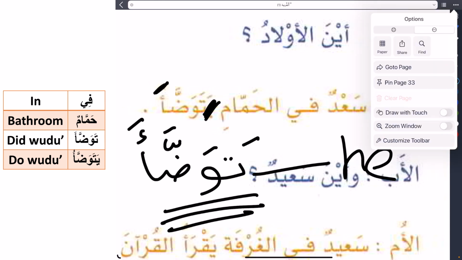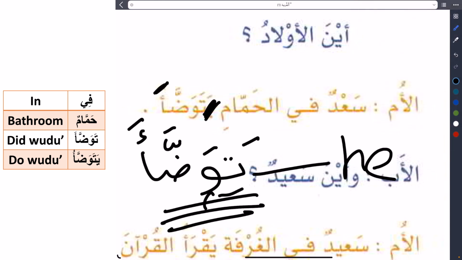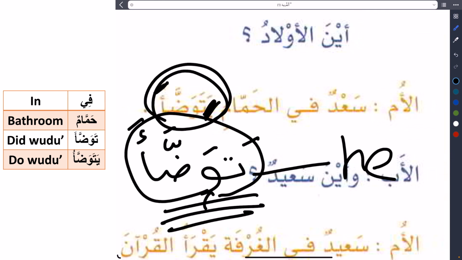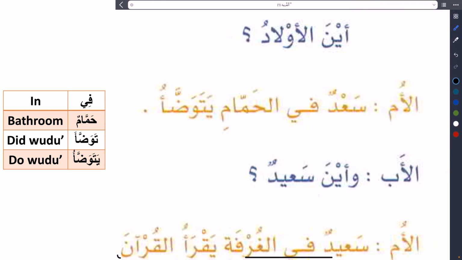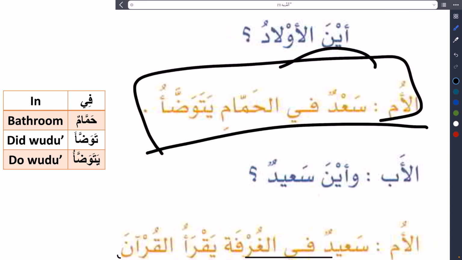So these two verbs, tawadda'a and yatawadda'u, he is doing wudu, he did wudu, we use them only with the pronoun he or with a masculine name like Sa'dun or Muhammadun or Khalidun. And that's everything about this line. Study all that very well, practice vocabulary, and understand very well the rule of the past and the present, and memorize yatawadda'u and tawadda'a, the past, very well.